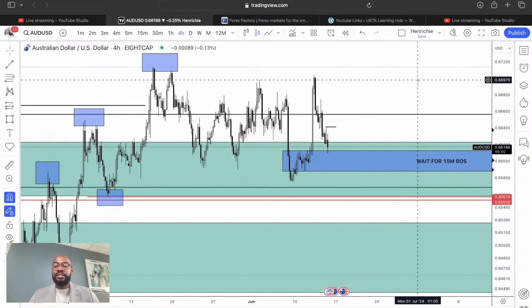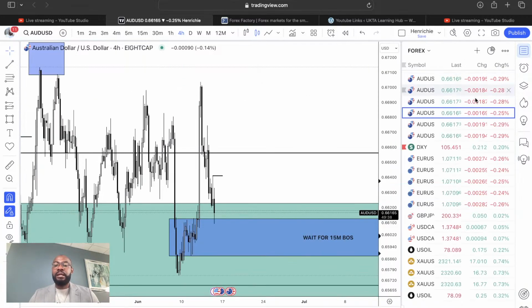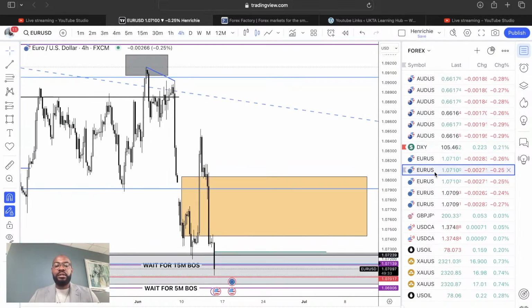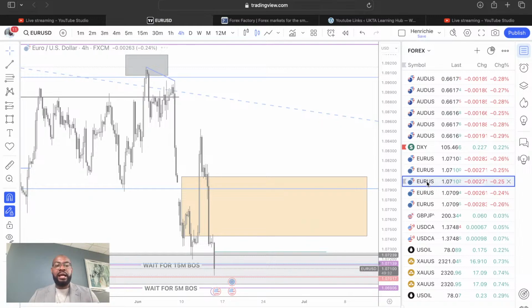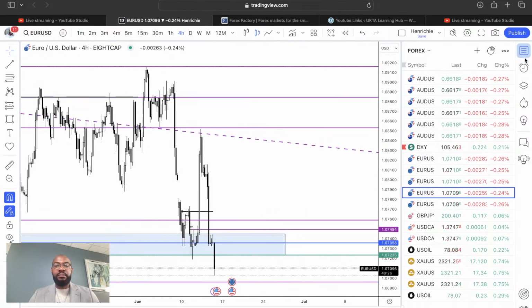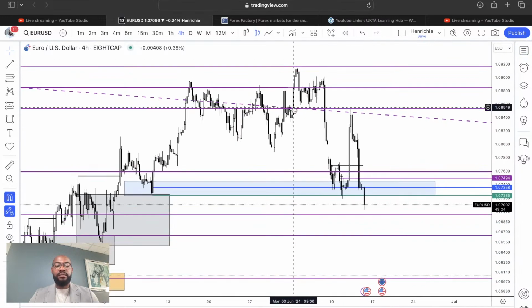So I'll be watching this very closely, and if I do eventually see anything interesting, I'll still share it with you all as well. So the next thing we're going to do now, we're going to go down and look at what's happening on Euro US dollar. So let me pull out a chart. I'm going to wipe everything on this chart as well.